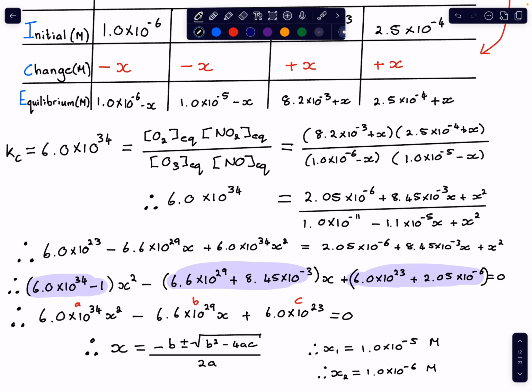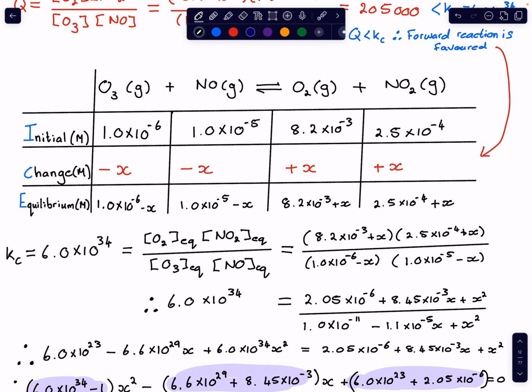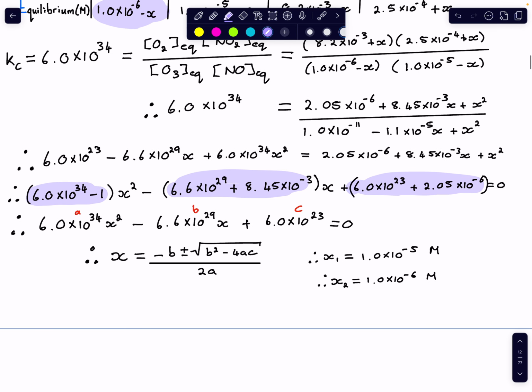And initially it seems like both of them are possible, but if we look at, for example, the equilibrium concentration of ozone, then notice that if the value is x1, 10 to the power negative 5, you will get a negative concentration for the equilibrium concentration of ozone.